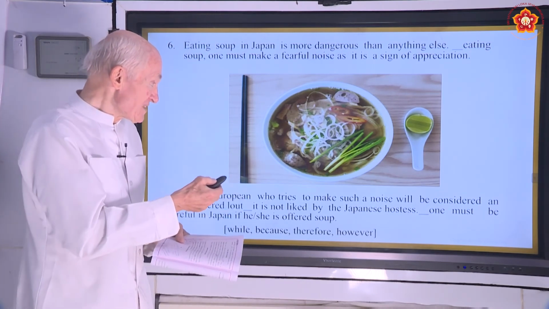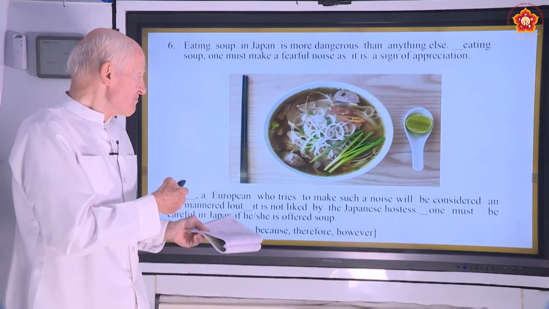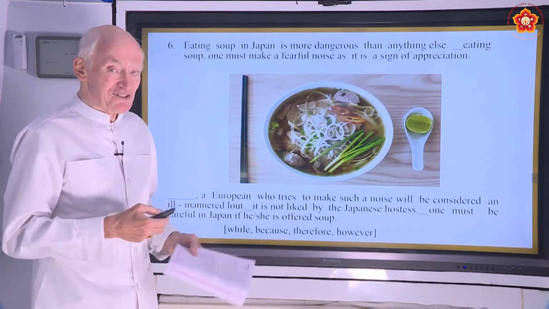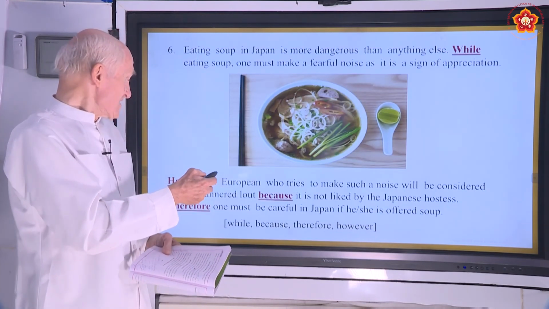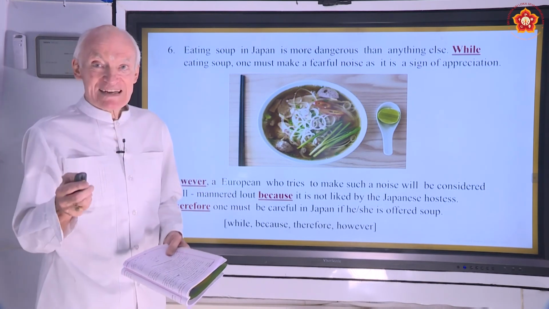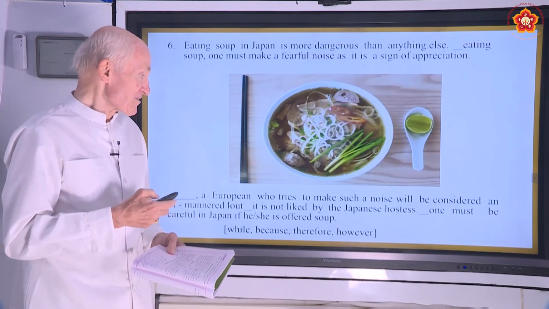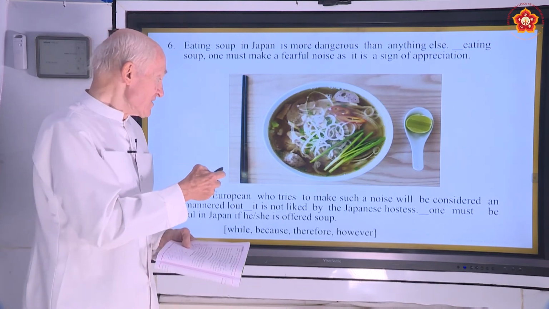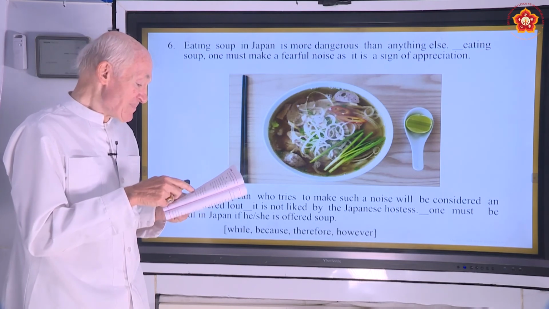And so we have to put in the space here. He'll be considered an ill-mannered lout because it is not liked by the Japanese hostess. Let's see if we're right. Considered an ill-mannered lout because it is not liked by the Japanese hostess. That's the correct linker. So we have used the linkers while, however, because.